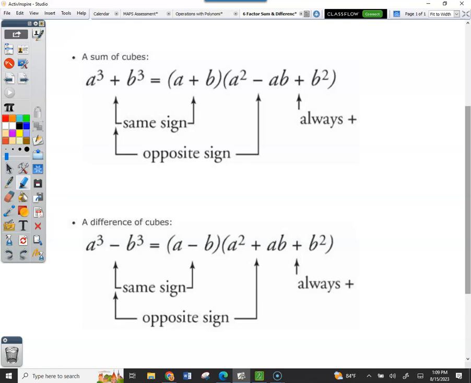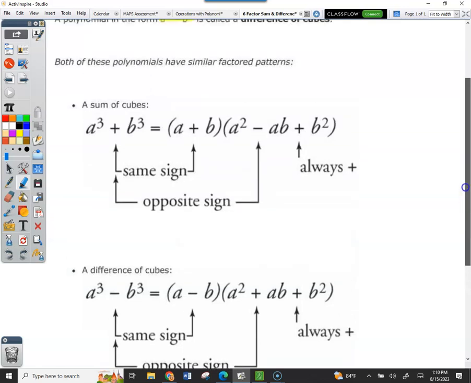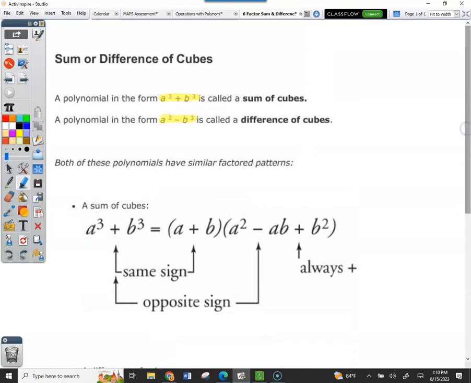This is the multiplied product form, and then this is the factored form. And then you have these giant arrows telling you about the signs.